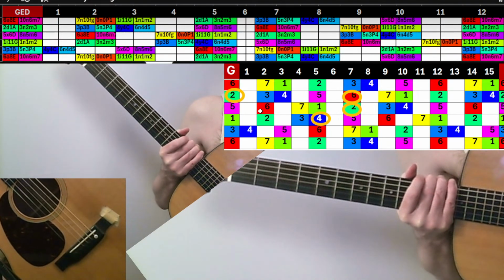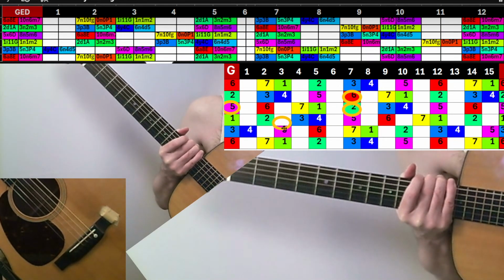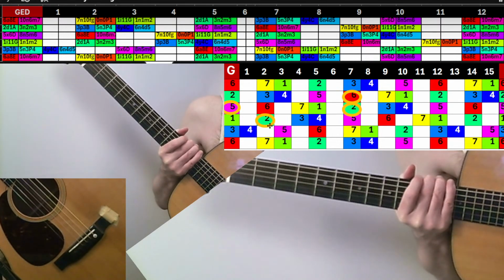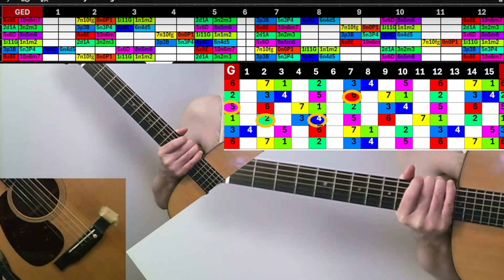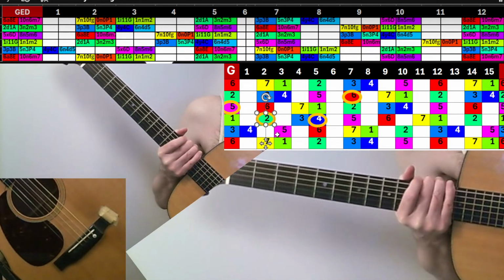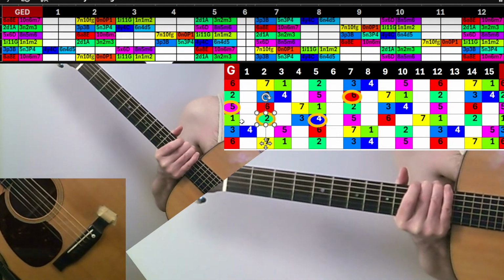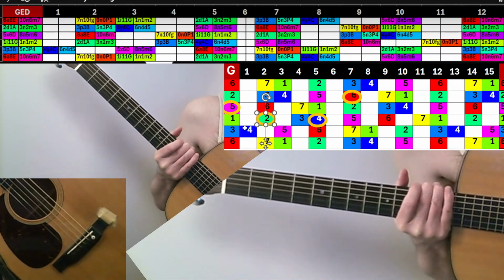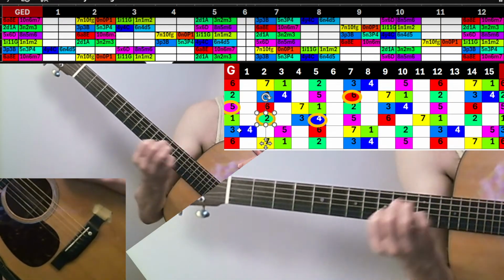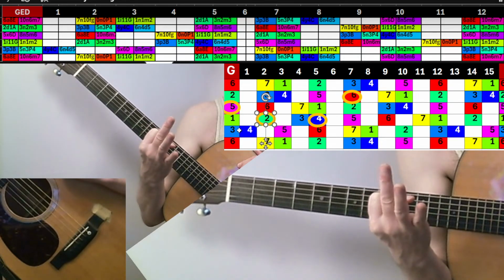Now if I look at this, the D is node number 5 in this collection of notes, and if I'm on this shape and playing in open position, you can see the same exact pattern kind of fits, right? So now I'm putting my finger on the fifth, because it goes 5, 6, 7, 1, 2.